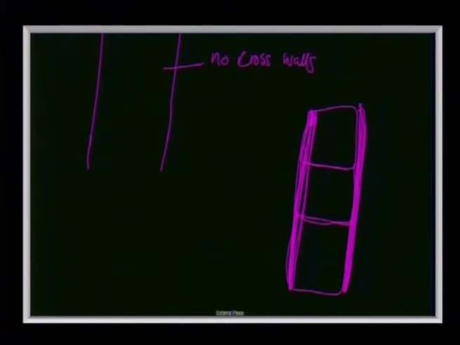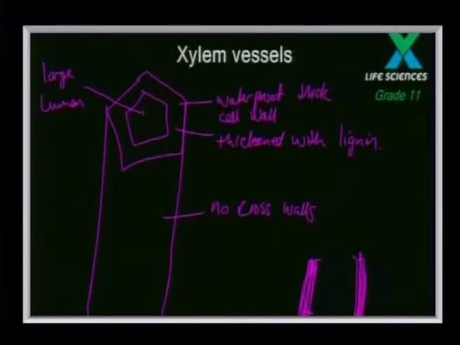Eventually, the cells on the inside die. And what happens is the cross wall starts to disintegrate. And then the cross walls disintegrate properly until we end up with this long, narrow tube. So there are no cross walls. The cross walls have disintegrated. Just this one long tube. And it's rounded for strength.